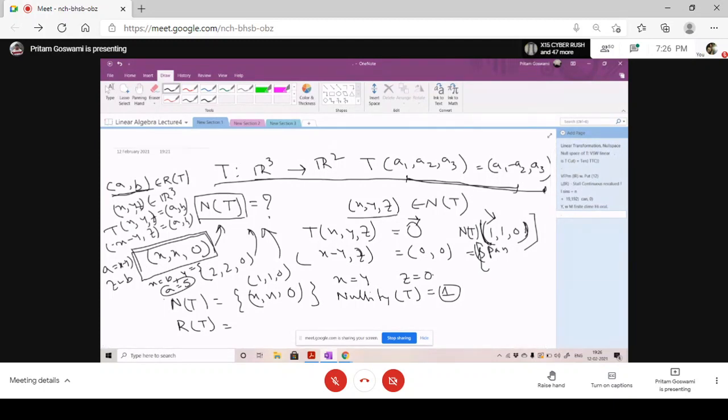So for all (a, b) in R2, you will always get x, y, and z such that T of (x, y, z) is (a, b). So the image of the map is the whole R2 space, because every point in R2 has a pre-image. So it is onto, right?